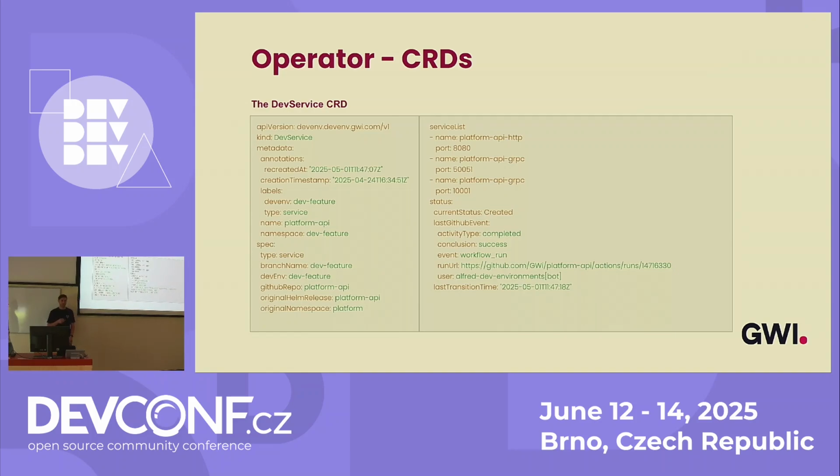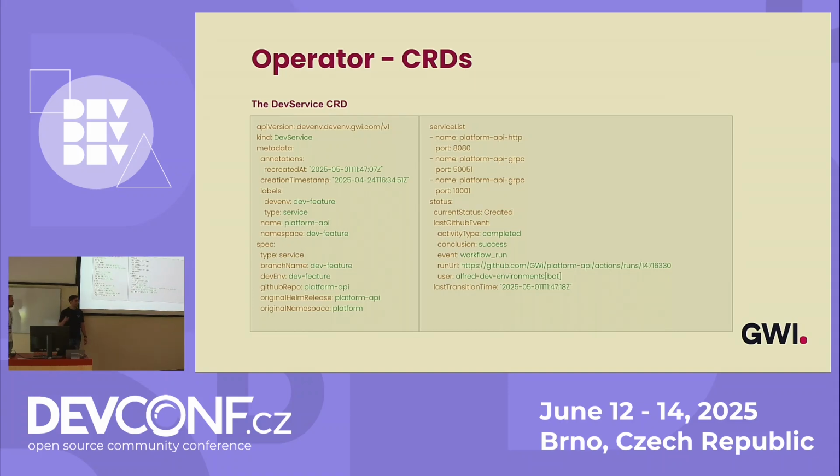We have some information about the branch and the repo we use to create this dev service, the namespace, and the helm release name we use to deploy the standard application. We have on the service list the service and port tuples that are required to create the HTTP route objects to make routing work. We have some annotations to mark special events, like when the service was last recreated.